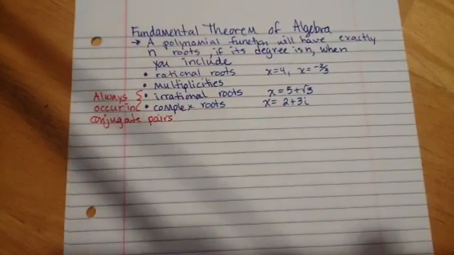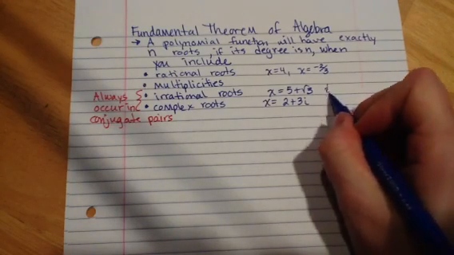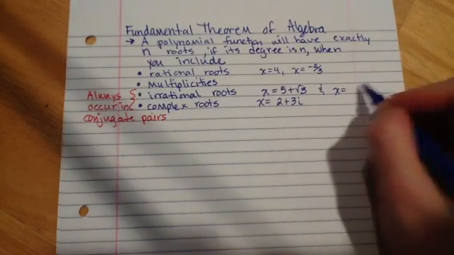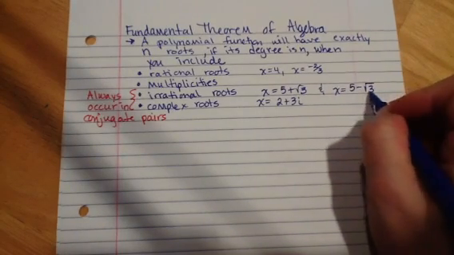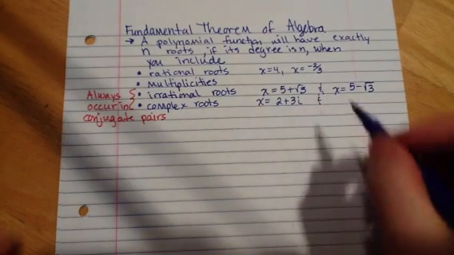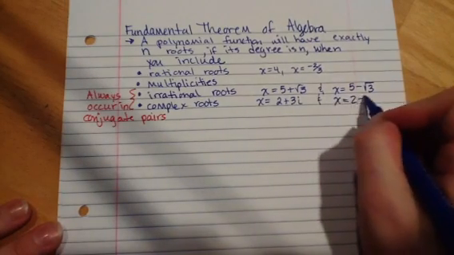So you will never have just one single irrational or complex root for a function. They'll always go together. So the conjugate for x equals 5 plus the square root of 3 would be x equals 5 minus the square root of 3. And for x equals 2 plus 3i, it will be x equals 2 minus 3i.